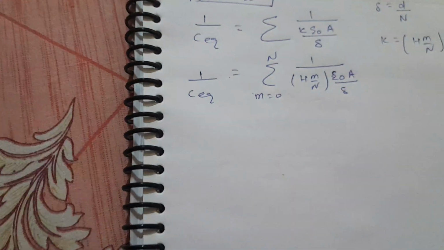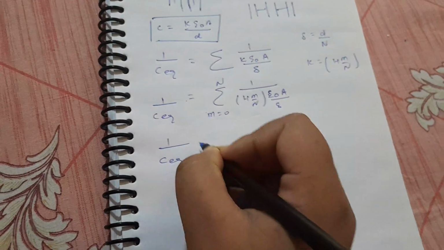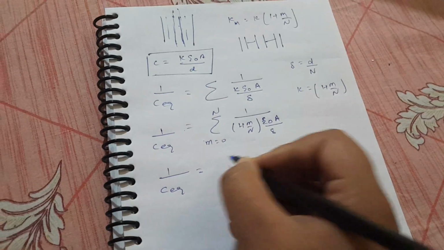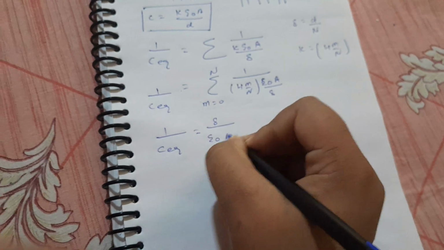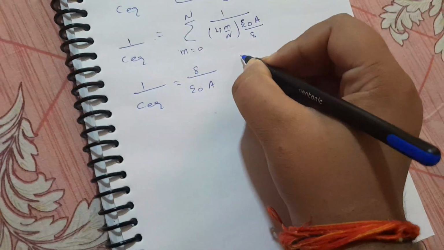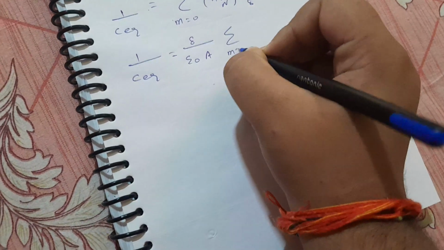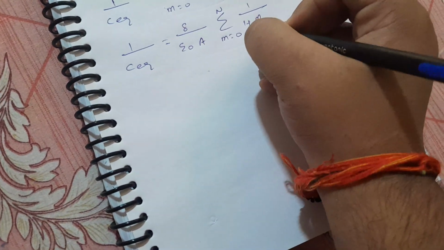We will take all the constants outside the sigma, and C equivalent can be written as delta by epsilon naught A times the summation M equal to 0 to N of 1 by (1 plus M by N).